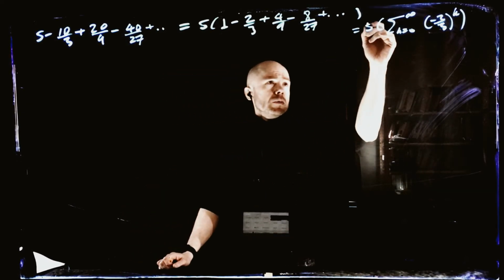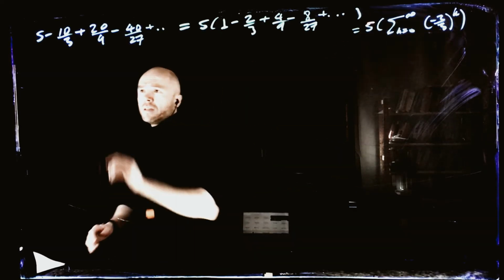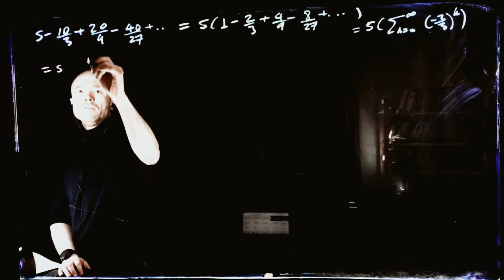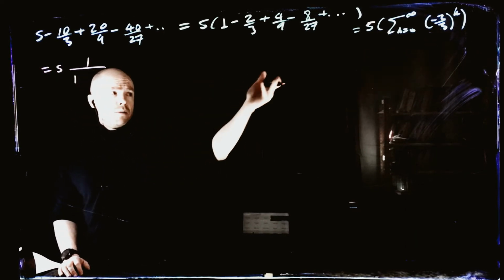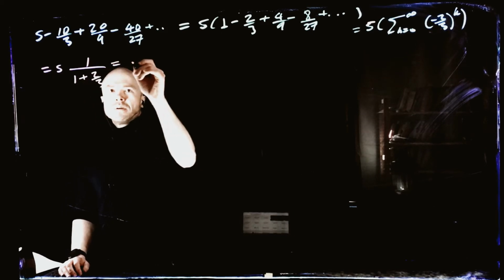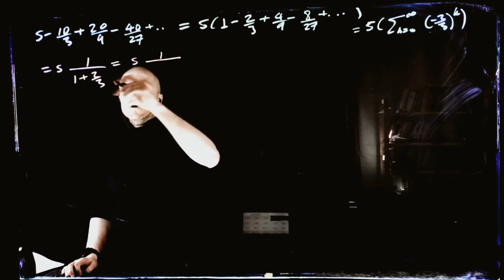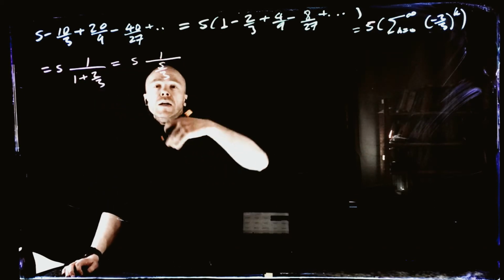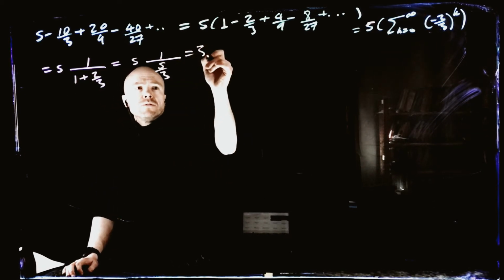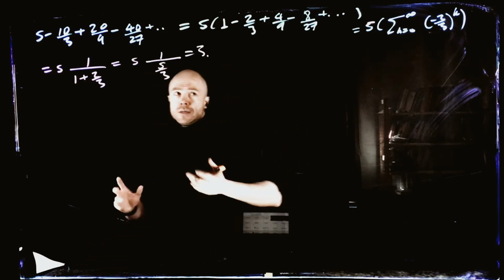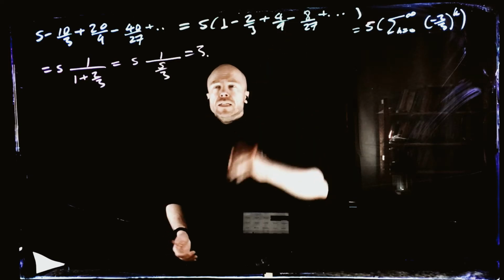So putting this into the formula, we have that this is 5 times 1 over 1 minus r. In this case, r is minus 2 over 3, so it's 1 plus 2 over 3. So this becomes 5 over 5 over 3, and then the 5s cancel, and this is just 3. Yeah? So with the formula, it's kind of easy to find out any geometric series.